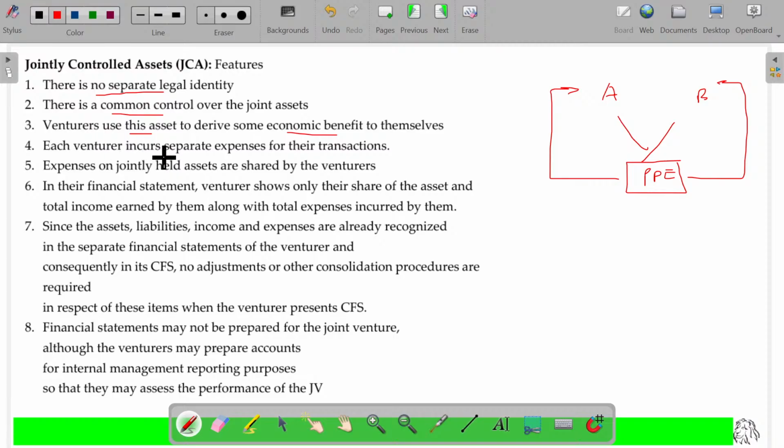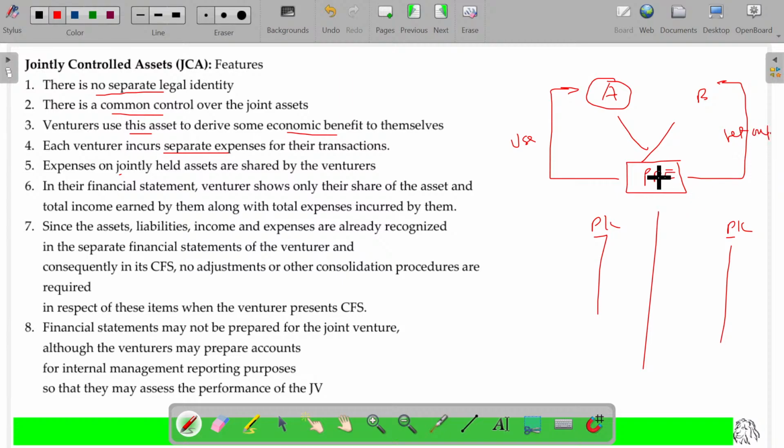Each venturer incurs separate expenses. A incurs some expenses and generates income, and similarly B also. The expenses incurred by A will be debited to A's P&L account, and expenses incurred by B will be debited in B's P&L account. Assume that A may use it for their purpose, B may let it out for another purpose.